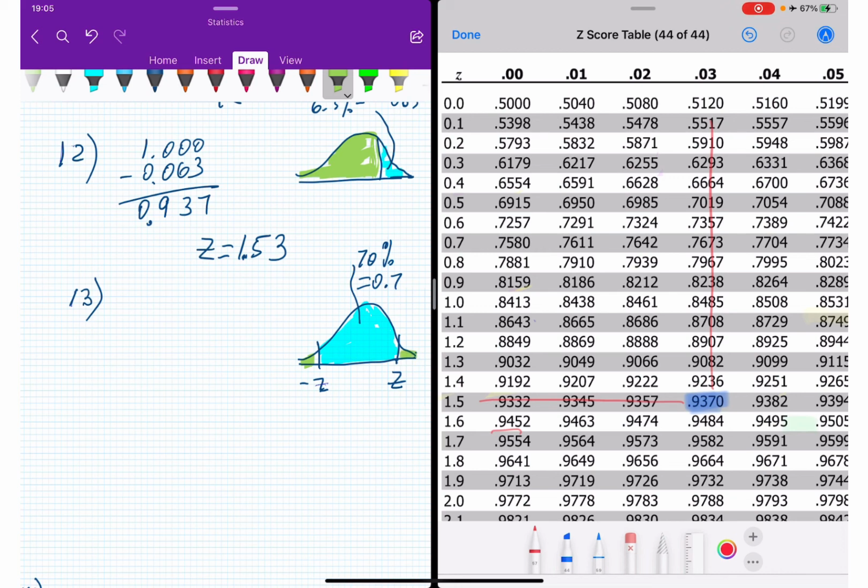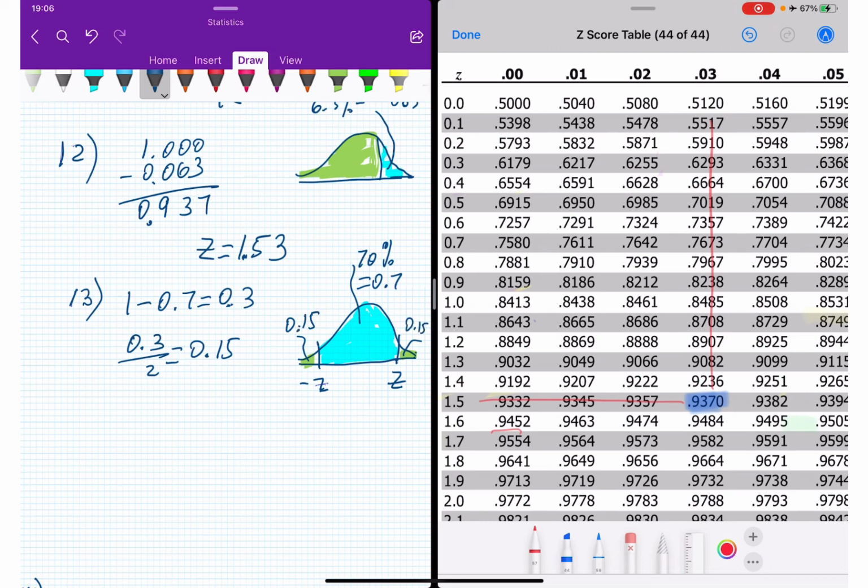It's going to be 1 minus 0.7 is equal to 0.3 for both areas. So if I divide by 2, 0.3 divided by 2, I get 0.15. So this area 0.15 and this area 0.15.